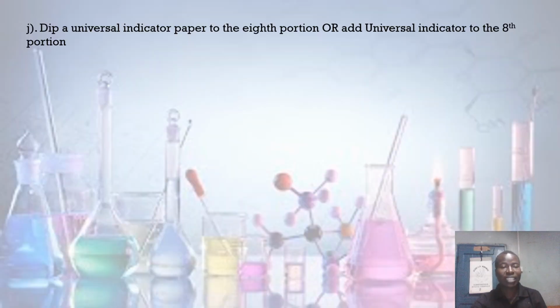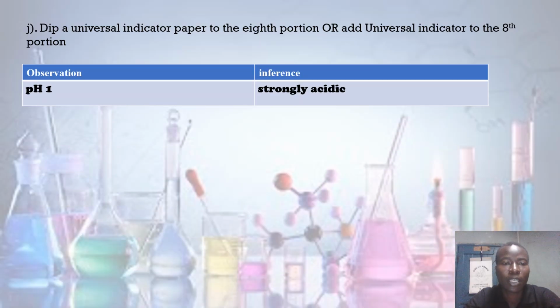Now let us also look at the universal indicator, or you can use the universal indicator paper. In this one, you simply dip the universal indicator paper in that given solution, and then match that paper with the pH chart that you have been provided with.